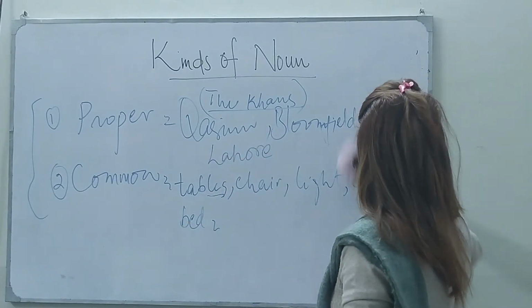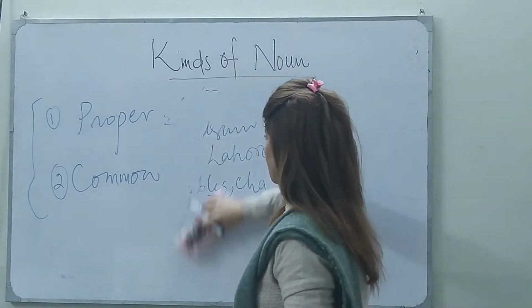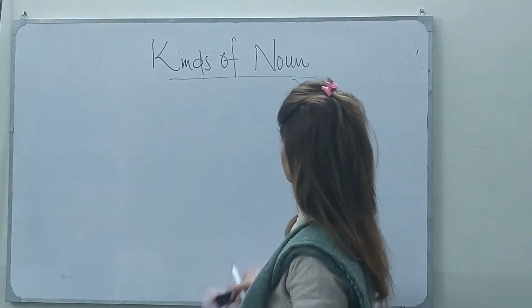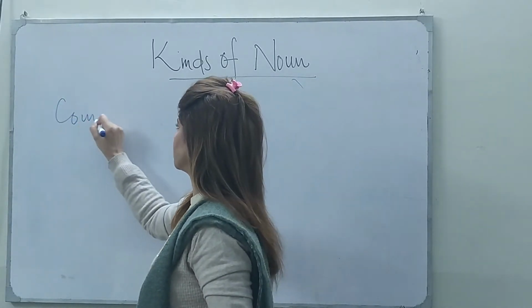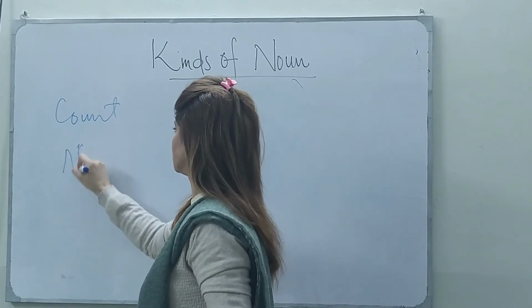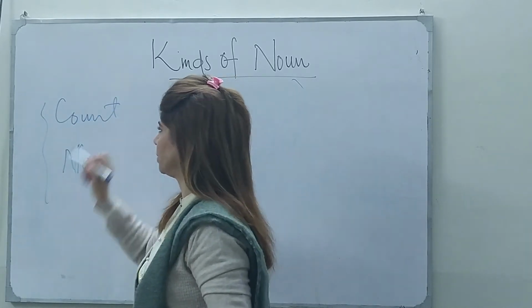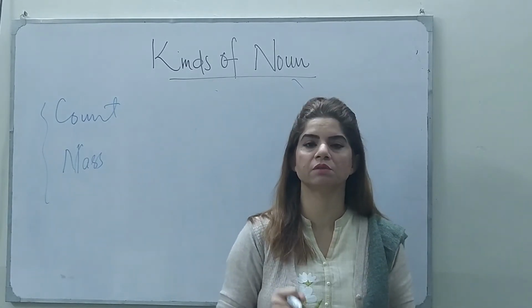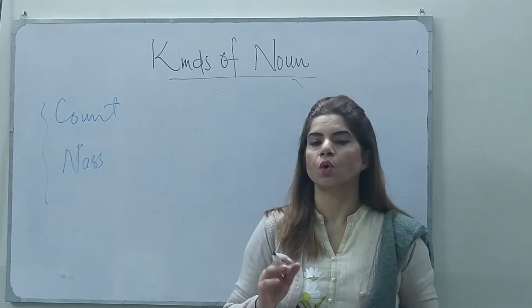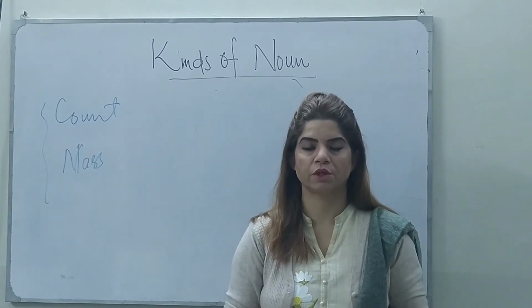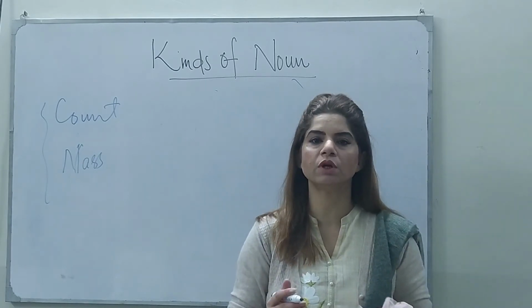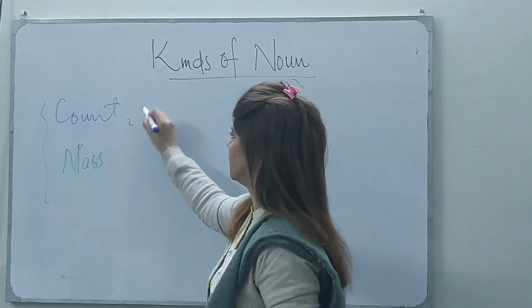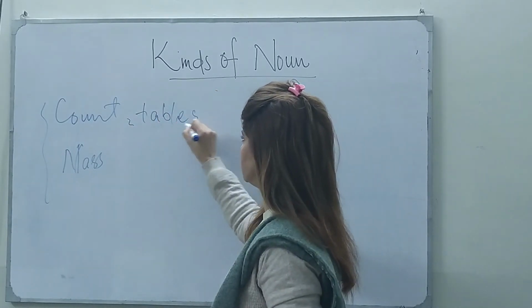So these are the very common kinds of nouns. Okay, now moving towards the next types of nouns: count and mass. For your convenience, count means countable noun and mass means the nouns that we cannot count. Keep in mind that all the common nouns that can be changed into plural come into the category of countable noun, like table could be tables.